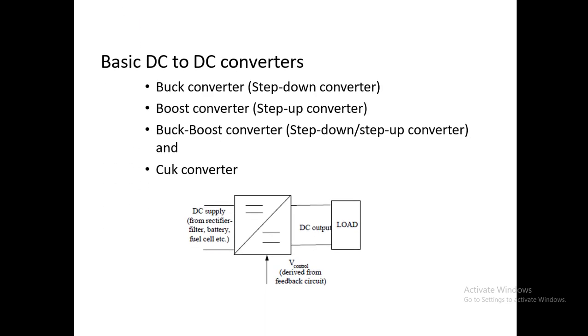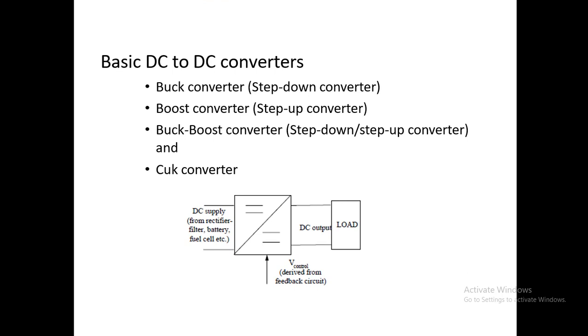There are four basic types of DC-DC converters: the buck converter, which is the step down converter; the boost converter, the other name for which is step up converter; the buck boost converter, a combination of both step down and step up converters; and the advanced one, the Cuk converter.